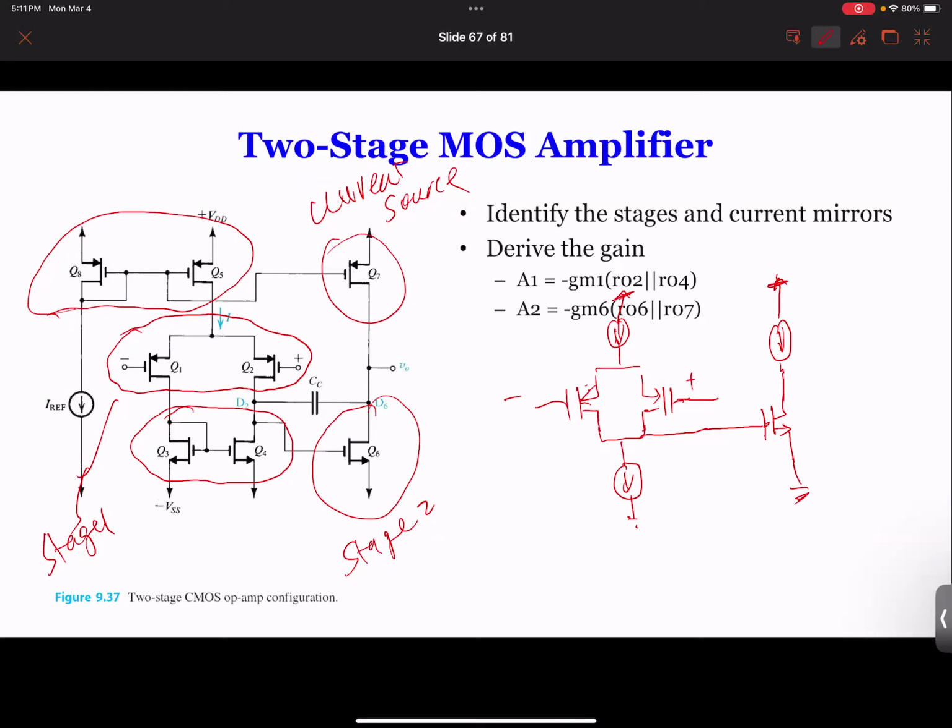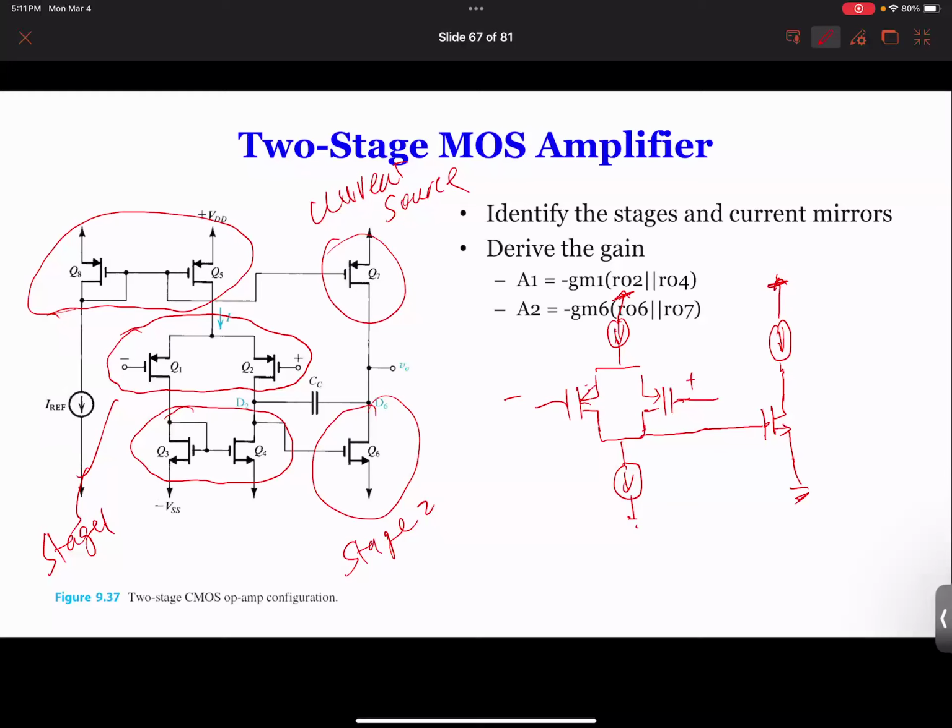Now I simply replaced all the current sources away, just leave the amplifier, so that will make our life a little easier to calculate the gain. So if you look at it this way, this is a differential input, but single-ended output, and this is a common source amplifier. So ultimately, this is a very simple circuit.